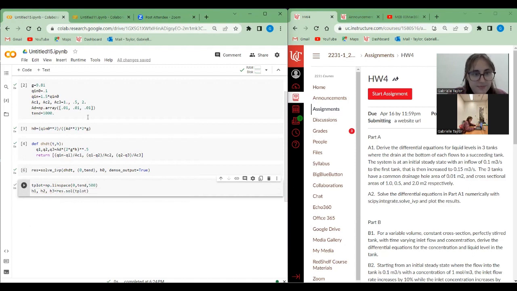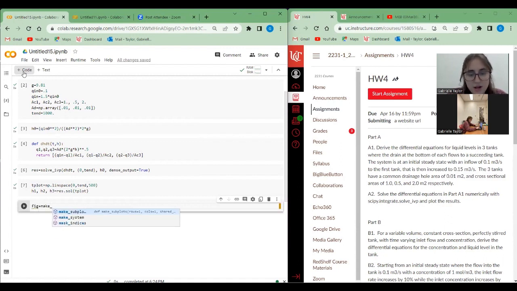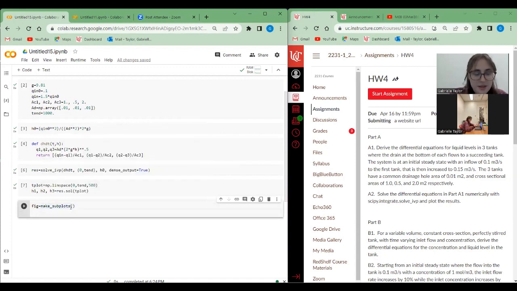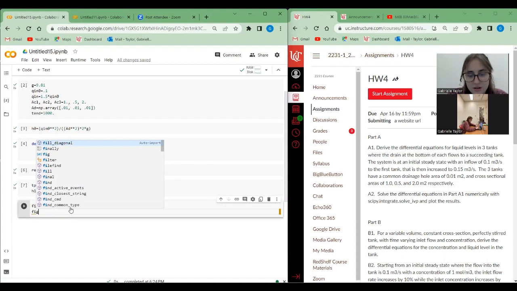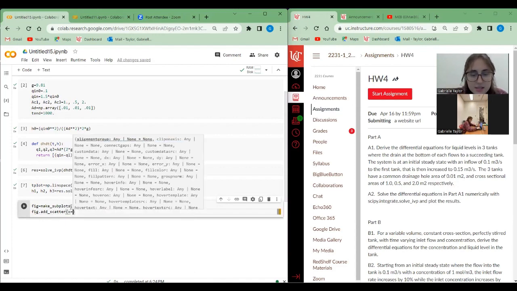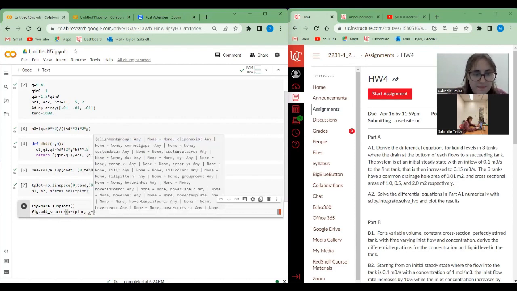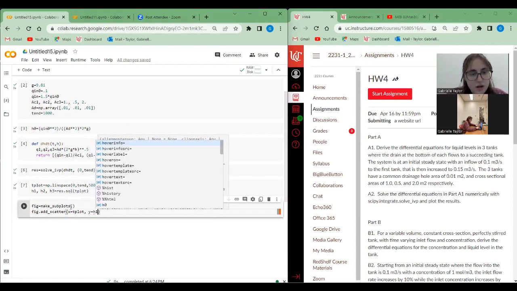So the next thing that we want to do is make subplots, and then fig.add_scatter. This is going to be a scatter plot, so our x-axis is going to be t, and then our y is going to be h1, our height at 1.